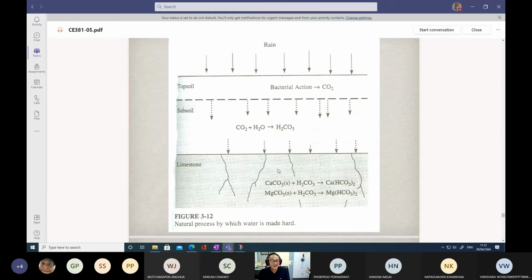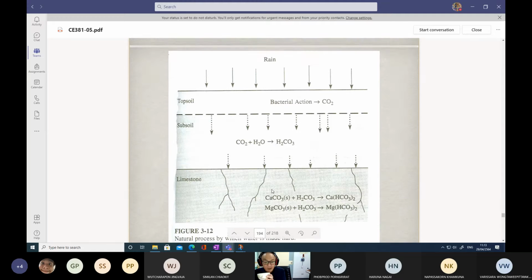The answer is that although they are both hardness, in terms of removal, magnesium hardness is much more difficult to remove as compared to calcium hardness. So if we know this amount, we can propose the amounts of chemicals used, what the possible causes are, something like that. Okay.